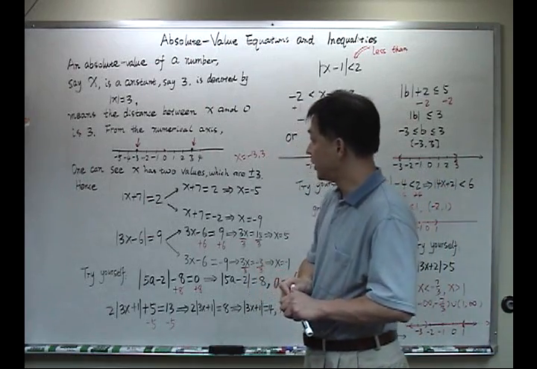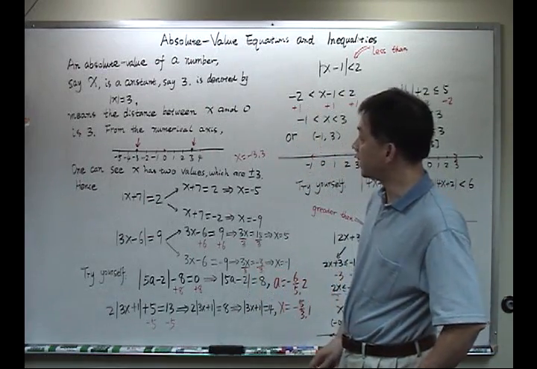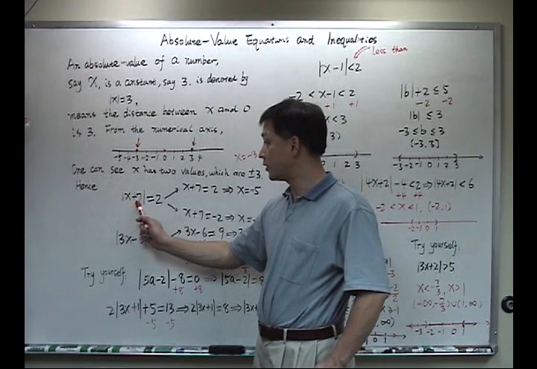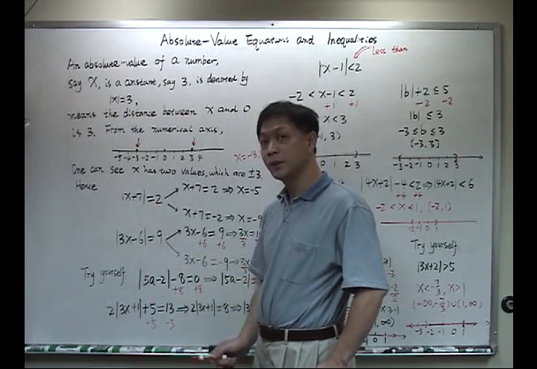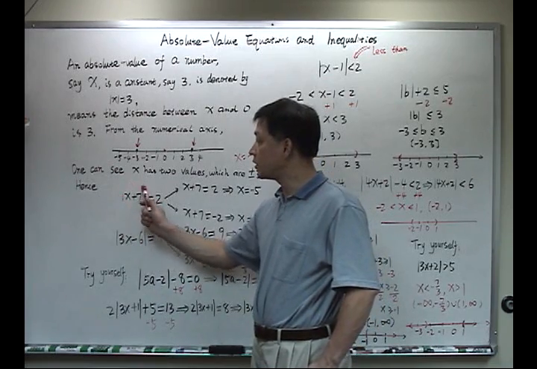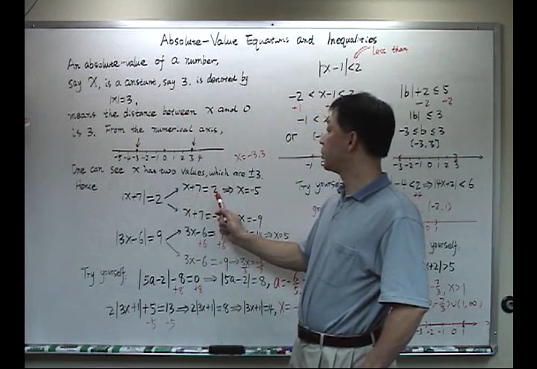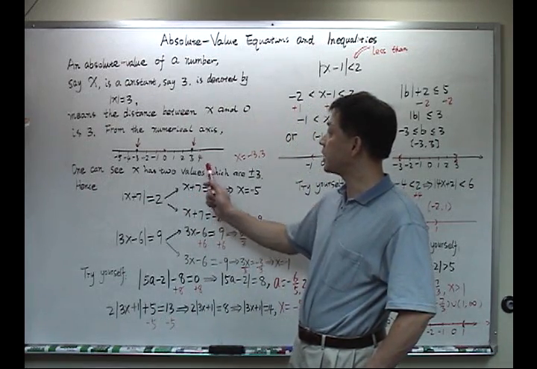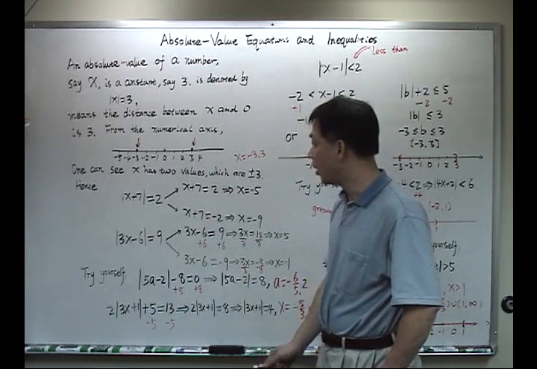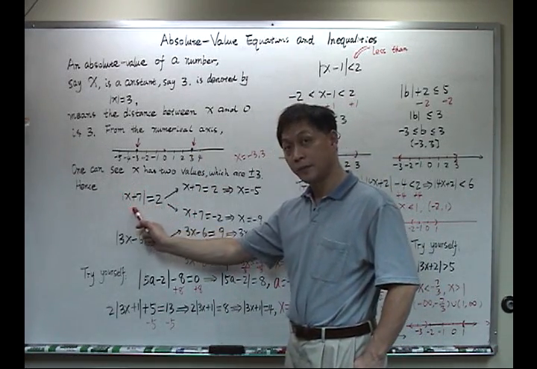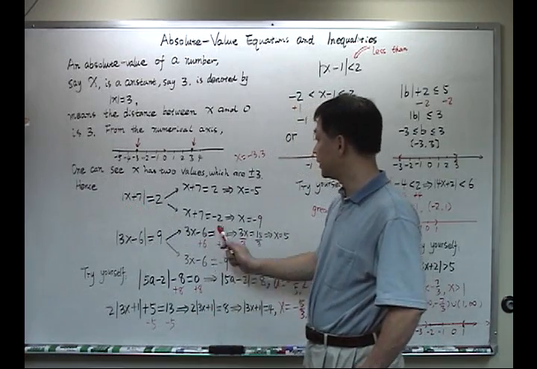Now, with this in mind, look at this example: absolute value of x plus 7 equals 2. Then x plus 7 either is positive 2, which is on the right-hand side, or x plus 7, the whole thing inside the absolute value, is negative 2.